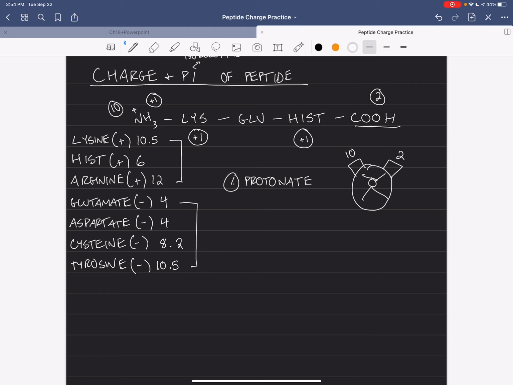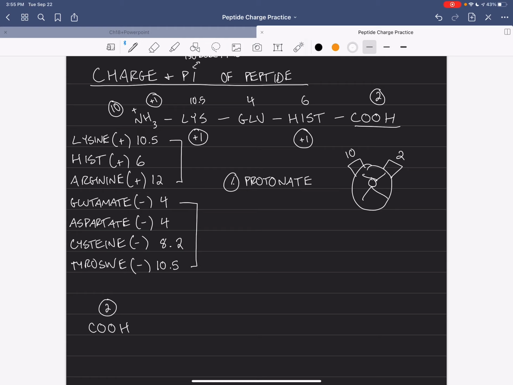So our lowest pKa is our carboxyl here, followed by, let's just write them all here, 10.5, around 4, histidine around 6. Hopefully I'm remembering those all correctly.